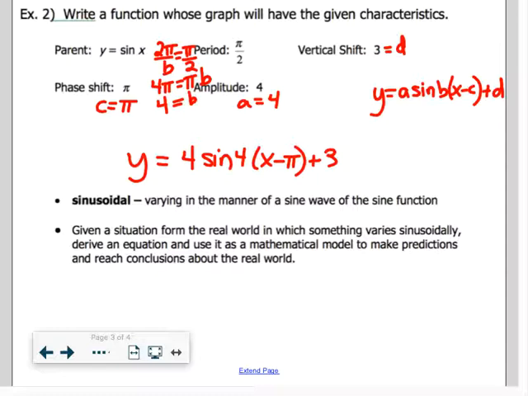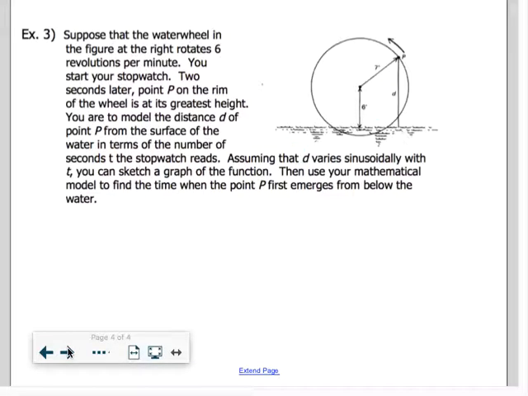It's really cool. So watch what we're going to do. There are lots and lots of problems that can be described sinusoidally. And sinusoidally is sine or cosine, whichever best fits it.